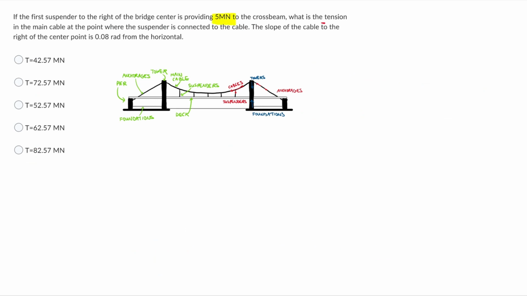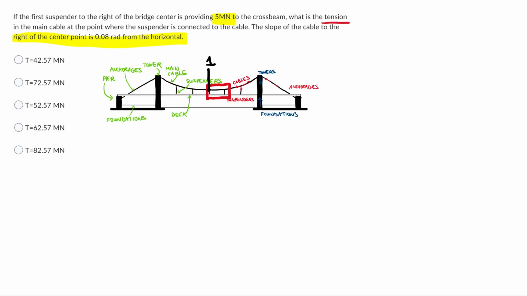Okay, and now the last question. So we're given a few values here, and we're looking for the tension in the main cable given this angle from the horizontal. And we'll be looking right here on our suspension bridge. So this is the first center point. We're going to start by analyzing one point.